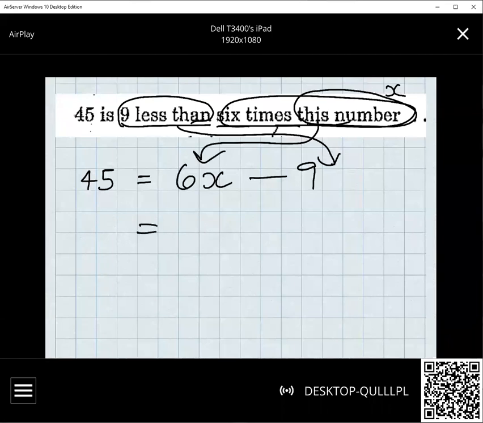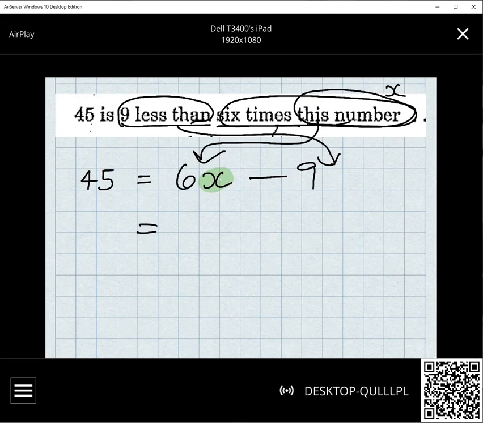Okay, how do you work out the value of x? You grab the minus 9. Okay, we got the minus 9. Why are you grabbing the minus 9? Because to find what x is.